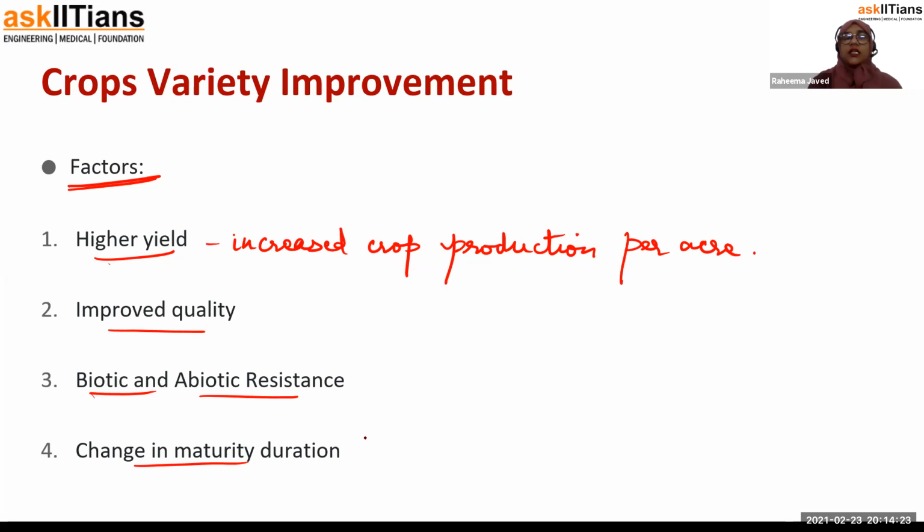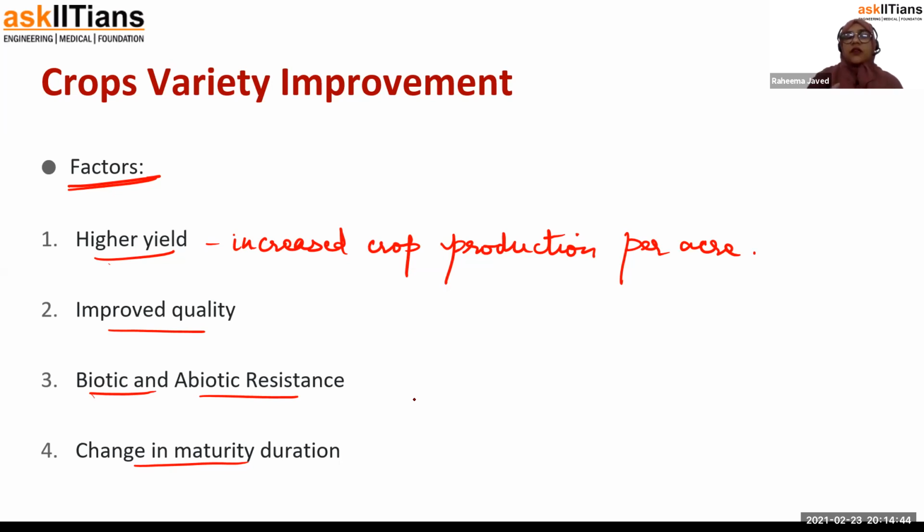The maturity duration can help in improving the crop production. The lesser the time spent from sowing to harvesting, the more economical the crop is.